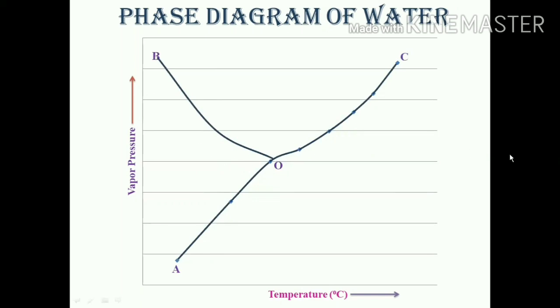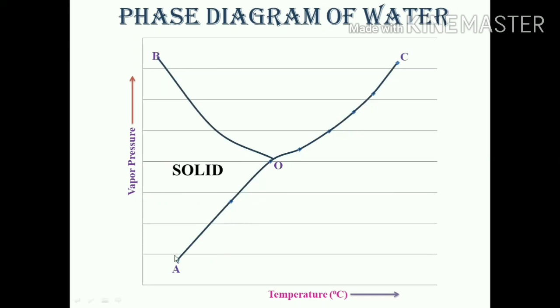Okay, and what other part of the phase diagram do we observe? The area which lies to the left of the curve section AOB represents the solid state of water. And what is the solid state of water? Definitely ice.